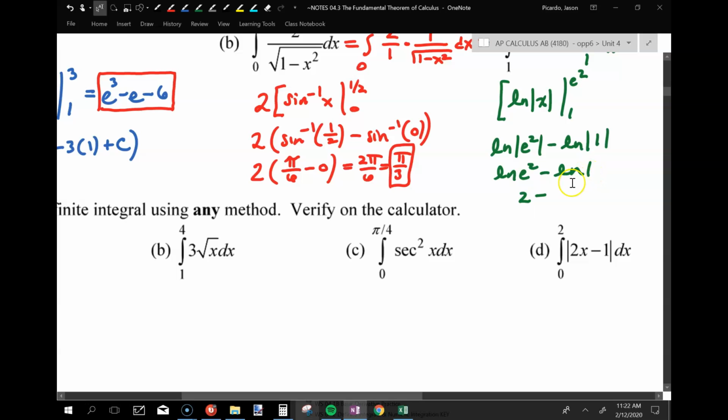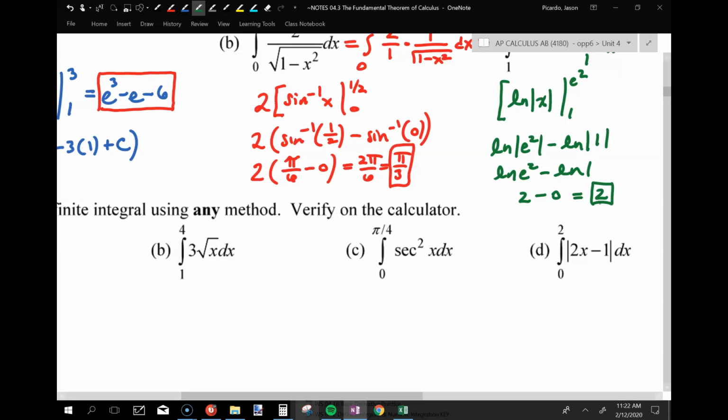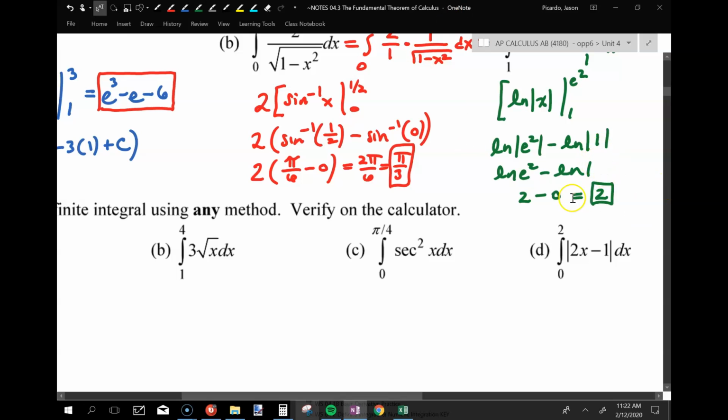Why? Because the same thing is asking, e to what power equals 1, and it's 0. So 2 is your answer, right? So again, it's not a really difficult calculus problem, is it? It's just like some things that we got to remember, right? And there's a perfect example, guys, of what some AP style questions could look like.